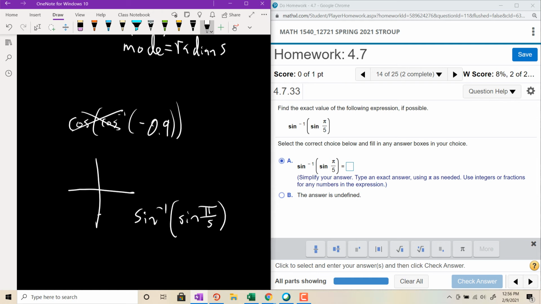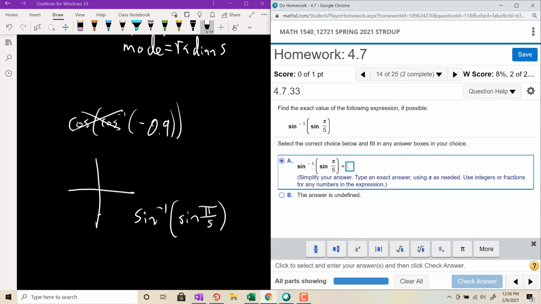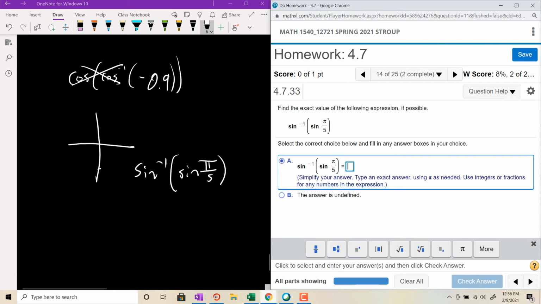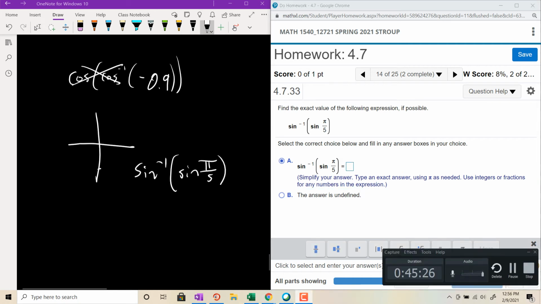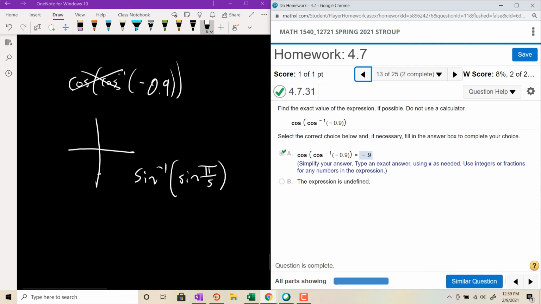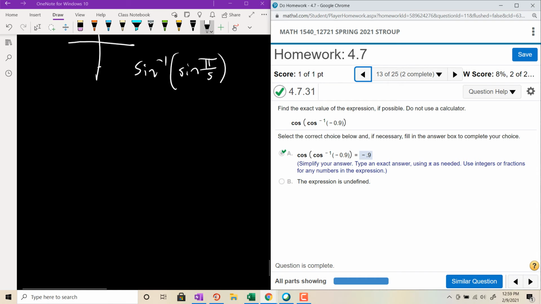So just sine of pi divided by 5, and then do sine inverse of that. We're getting 0.628. They want an exact answer. Okay, sorry about that. Yeah, I screwed that up.